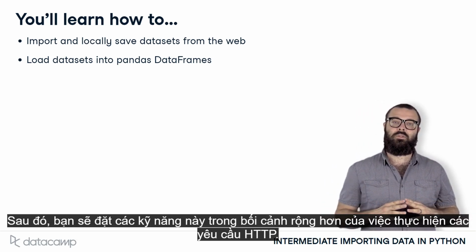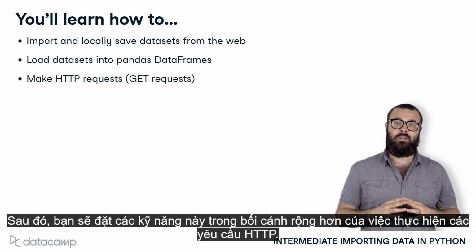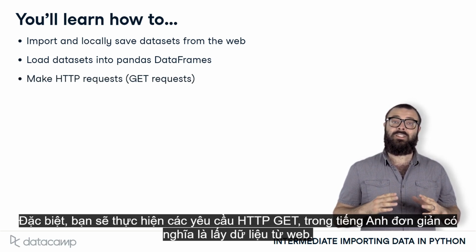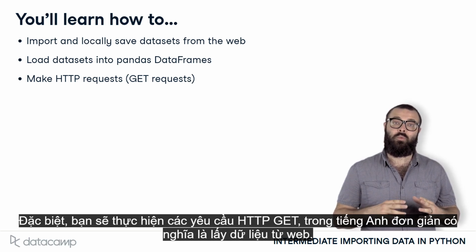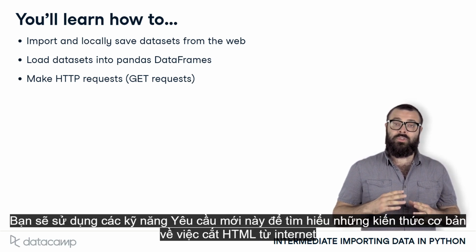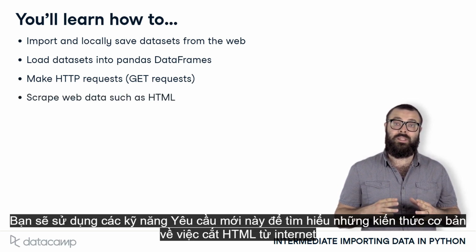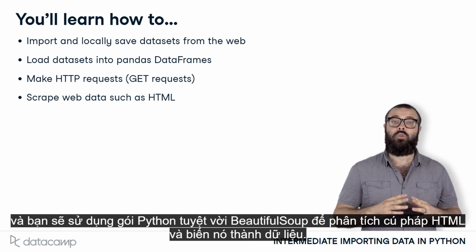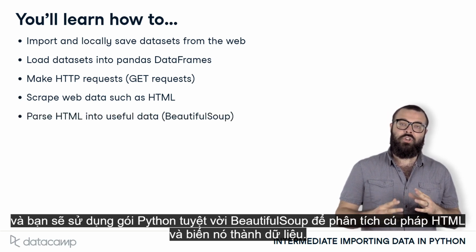Then you'll place these skills in the wider context of making HTTP requests. In particular, you'll make HTTP GET requests, which in plain English means getting data from the web. You'll use these new request skills to learn the basics of scraping HTML from the internet, and you'll use the wonderful Python package, Beautiful Soup, to parse the HTML and turn it into data.